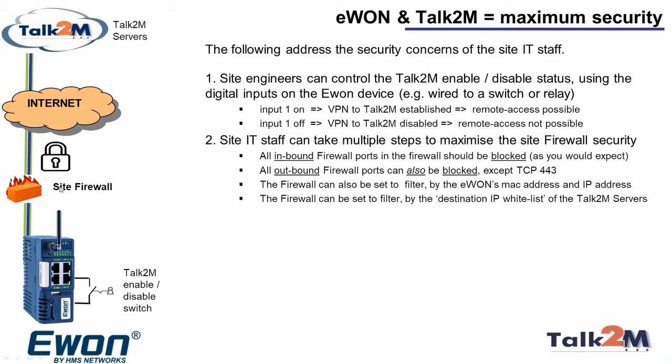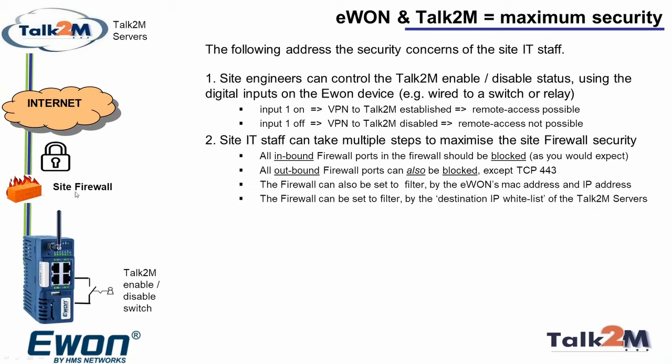You can also add various rules in this firewall, such as the Ewon's IP address or the Ewon's MAC address. So that site firewall could be looking for only this particular device with this particular MAC address sitting on this particular cable with a particular IP address can make a connection out.